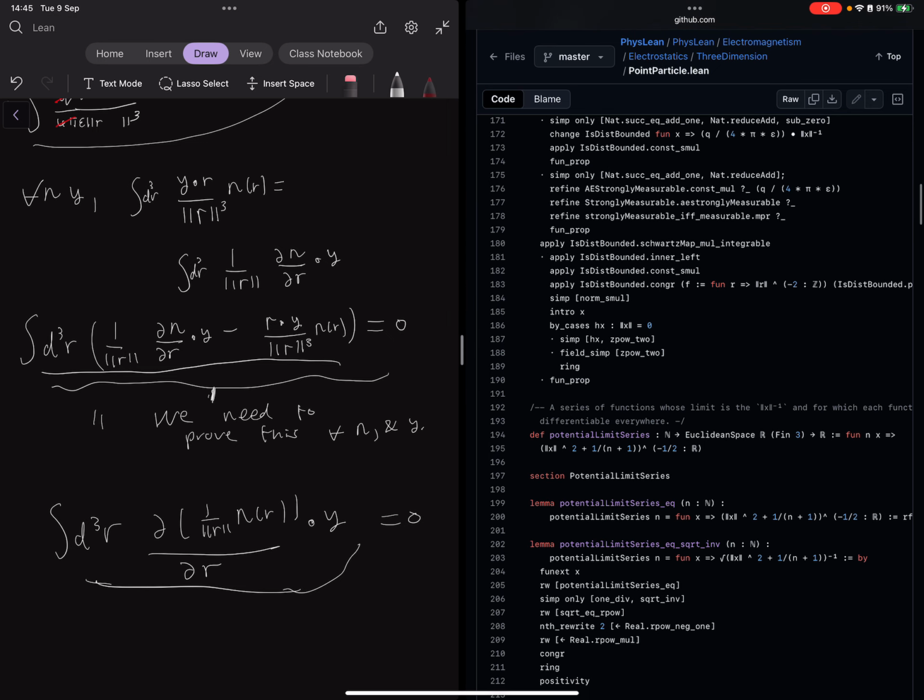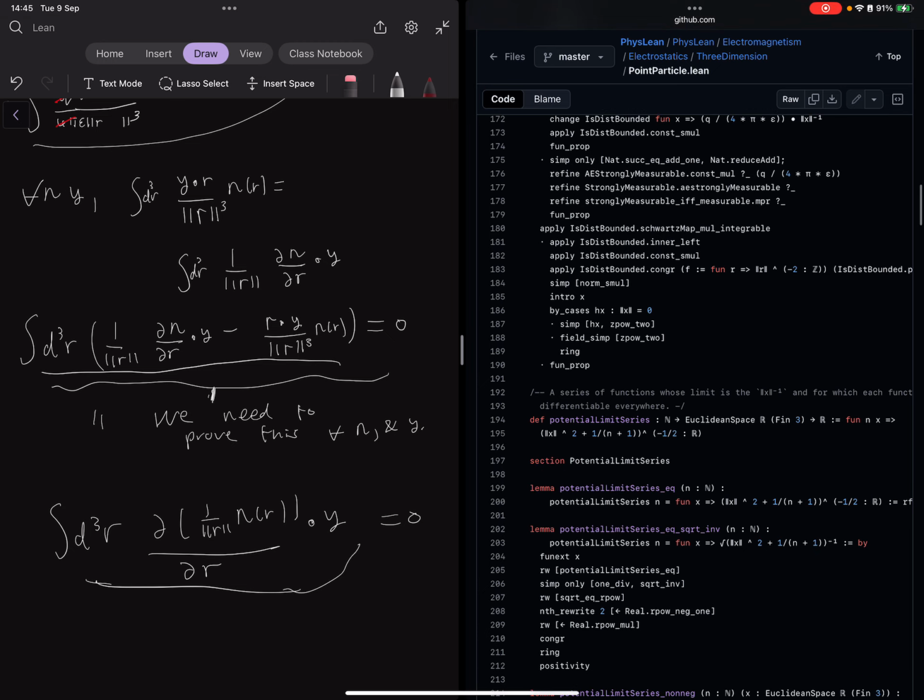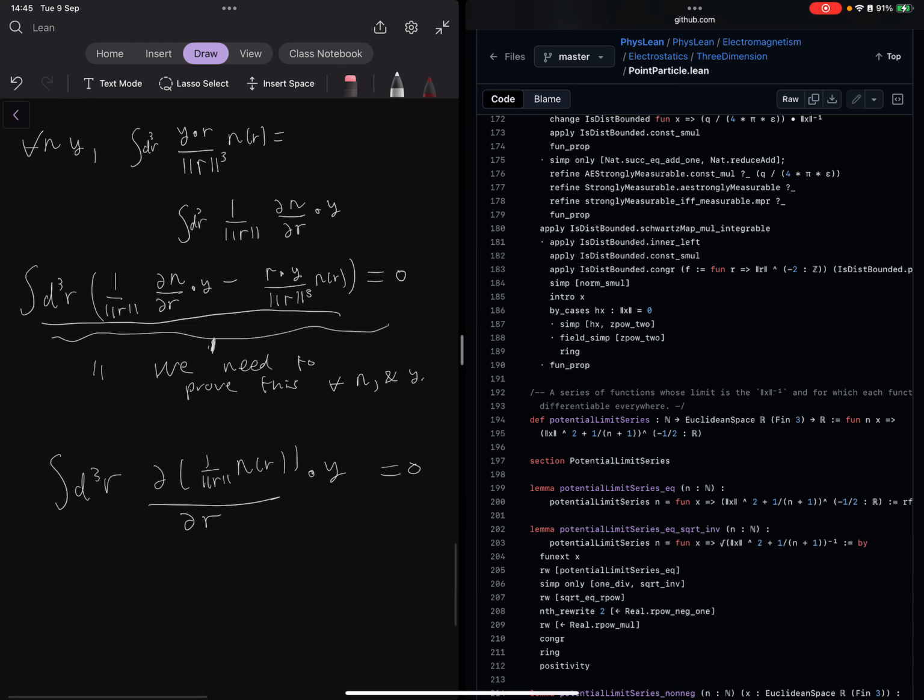So because this integral is not well defined in Lean, we have to be clever. The vast majority of this proof is being clever about the fact that this quantity doesn't have a well-defined integral, and therefore you can't write it as a total derivative. We do that by introducing in PhysLean this thing called the potential limit series, which takes in an integer n and gives you the following quantity.